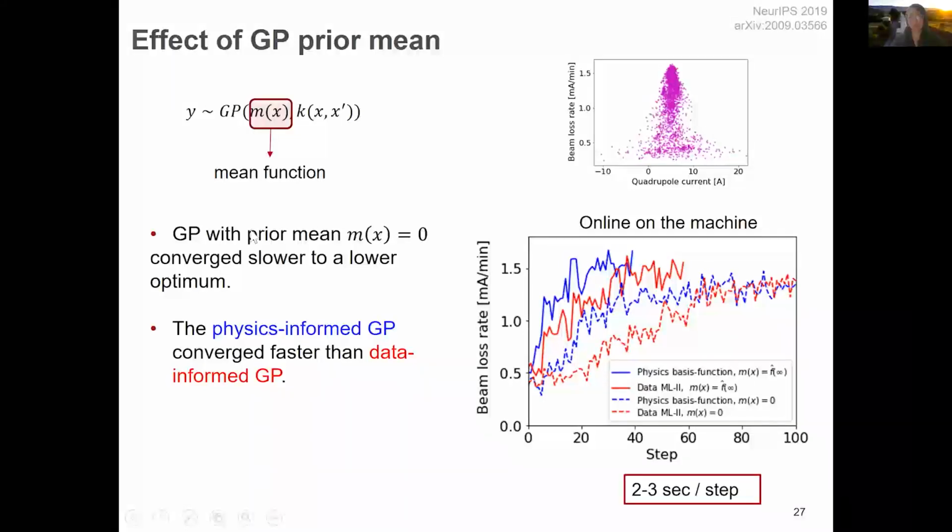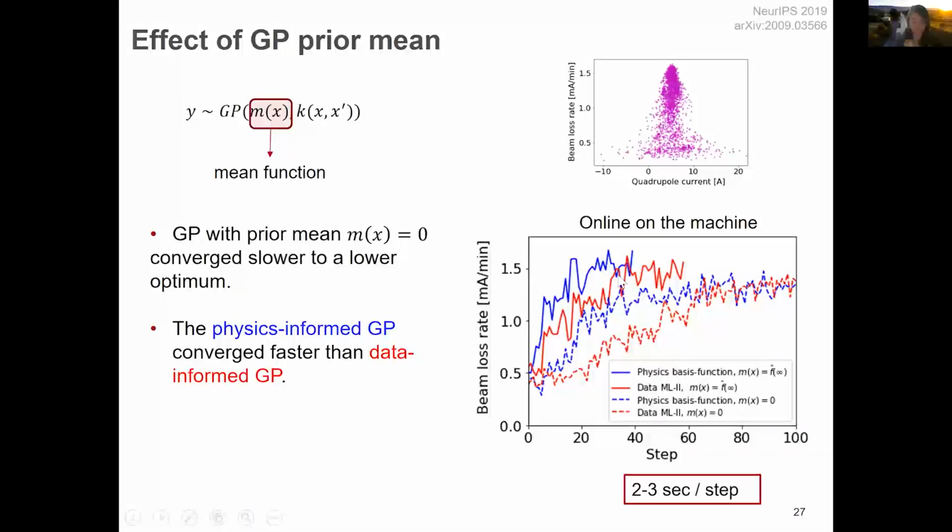If we use a Gaussian process with 0 prior mean, shown here in dashed line, it converges slower to a lower optimum. And if we use the right value for the prior mean, which is equivalent to this offset, to this asymptotic value here, we get a GP that converges faster.